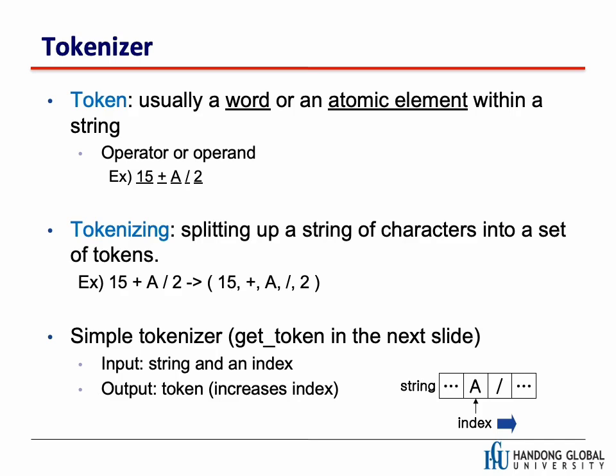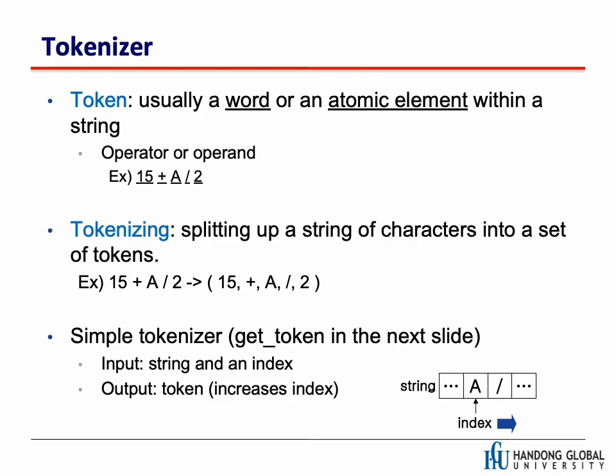We don't have a space between A and slash, but still A is an operand and the slash is an operator. These are separate tokens even though they don't have a space between them. Sometimes tokens are long, sometimes short. So it's not a simple function.